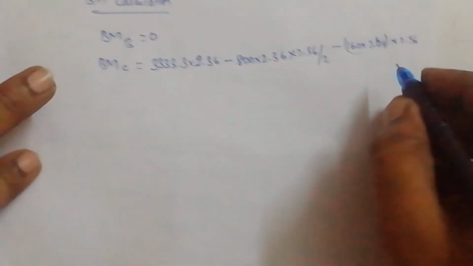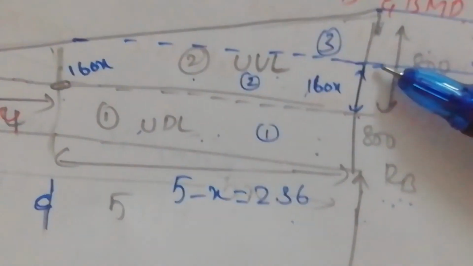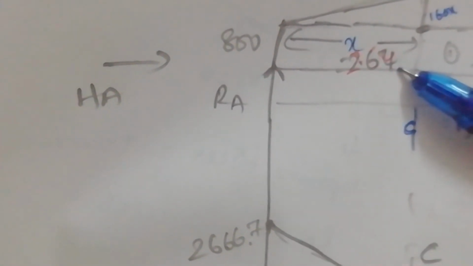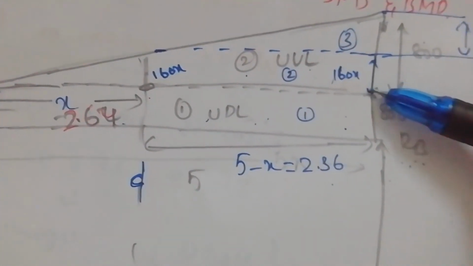This is because of height, into 2.36 is the distance. These two together will give you the load, into CG of that, which is 2.36 by 2. So this is because of the height of the UDL. You can see here, height of the UDL at this point is 160x. X value we have taken as 2.64. So we have to multiply for this height as 160 into 2.64.